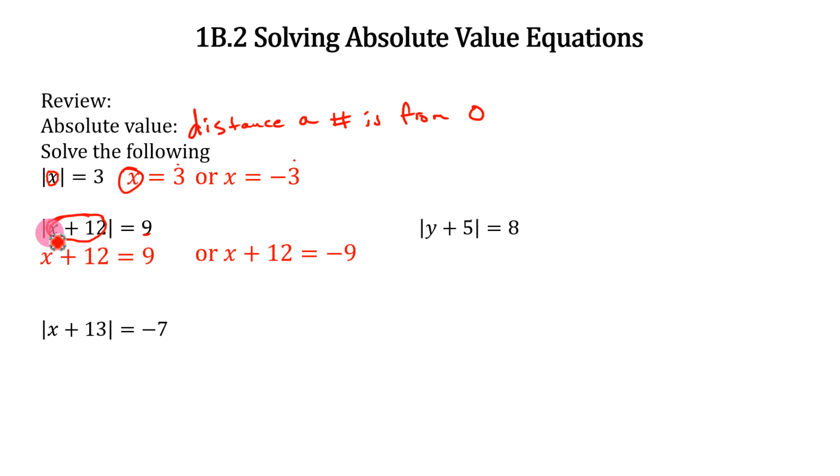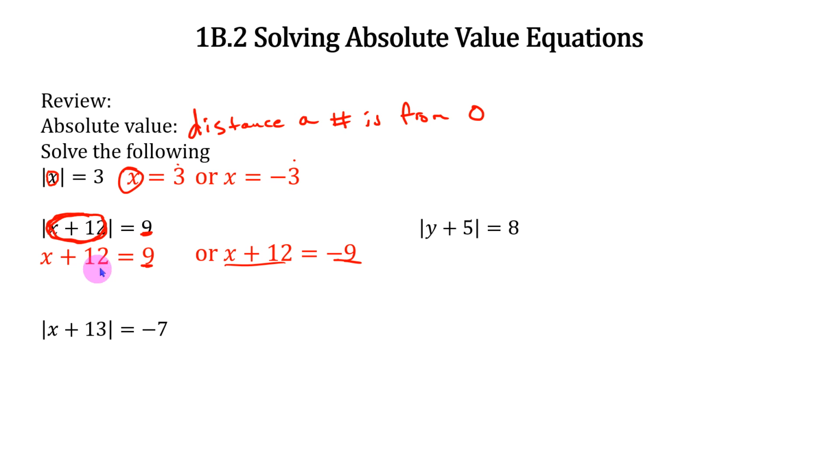Whatever is in here is this many units away from 0. So whatever this is must be equal to the positive version of that, or it must be equal to the negative version of that. That's what we're going to do every single time. Take what's inside, set it equal to the original thing and to the negative of the original thing, because both would be that many units away from 0.